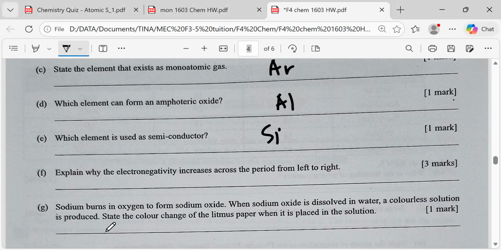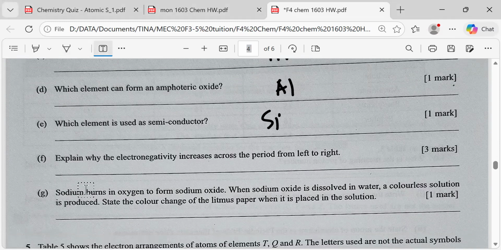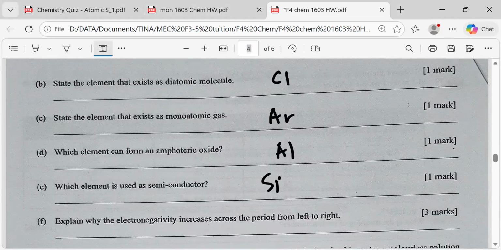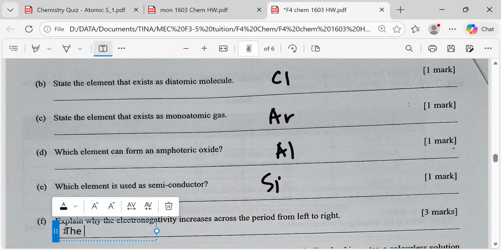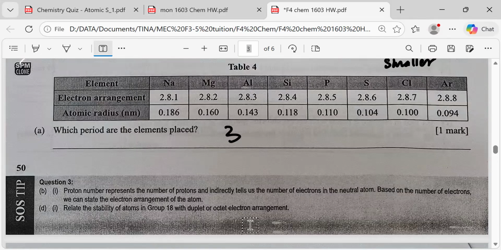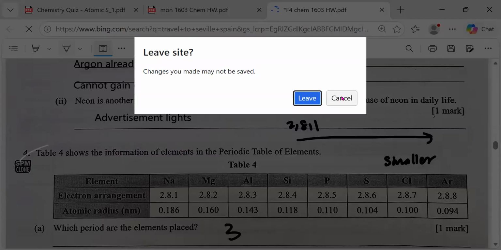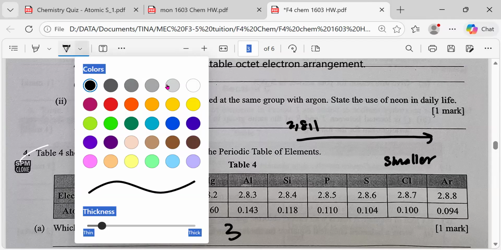Why does electronegativity increase across the period? This is the one. Okay. So what happens to the nucleus? Do you remember the explanation or not?